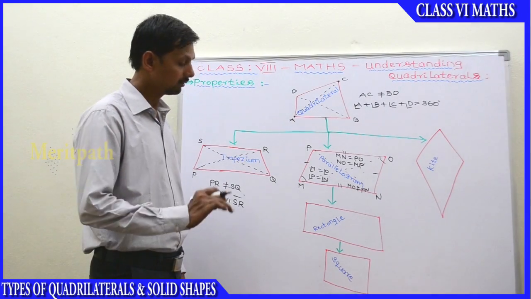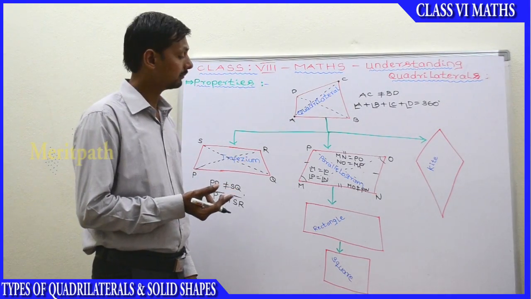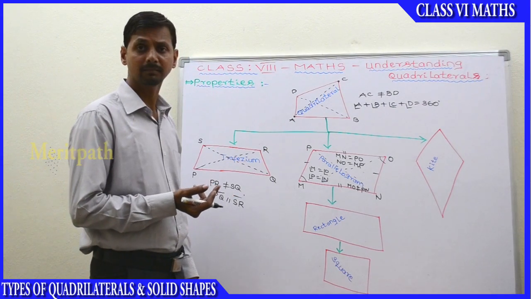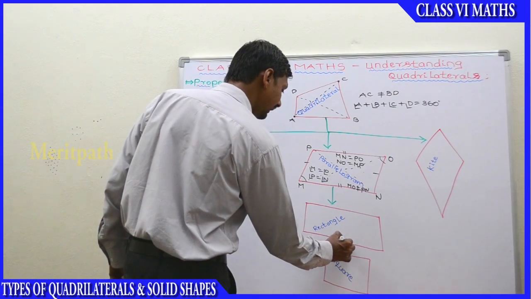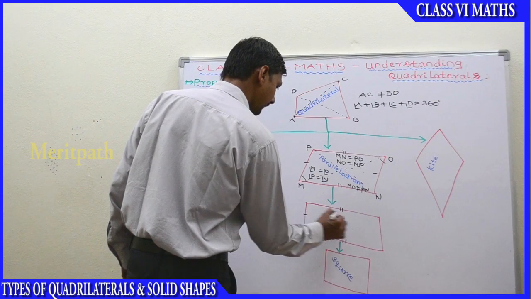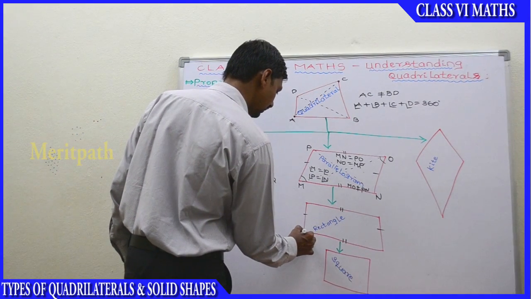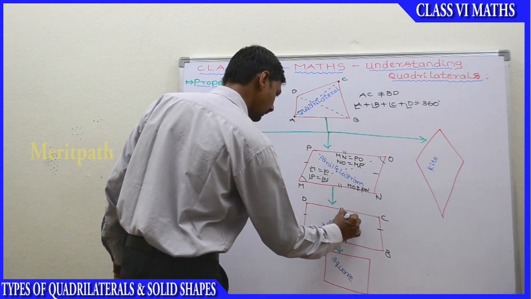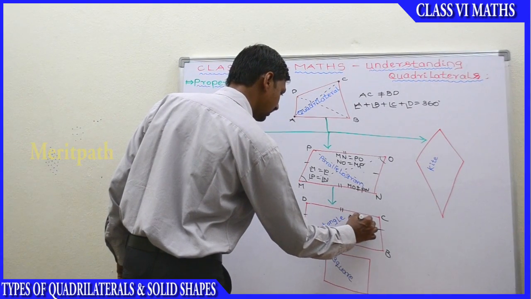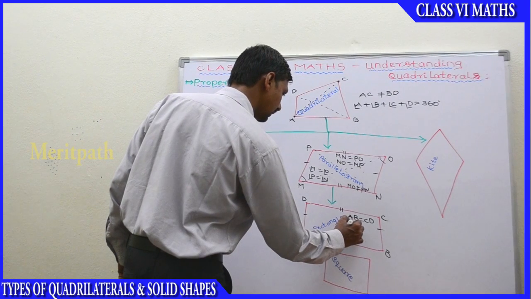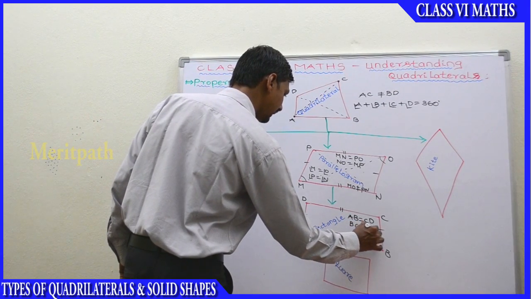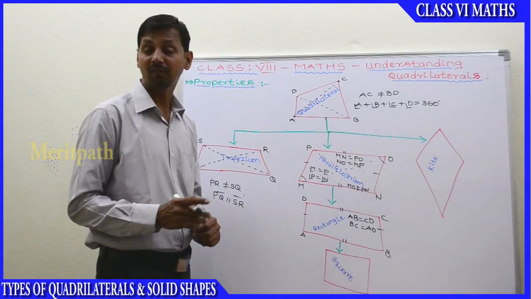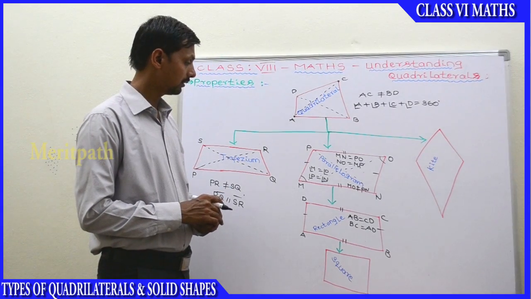And coming to the next one, the rectangle. Here opposite sides are equal. Let's take the same name ABCD. AB is equal to CD and BC is equal to AD. Opposite sides of the rectangle are equal.